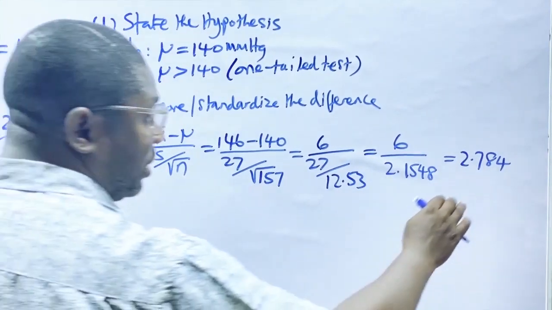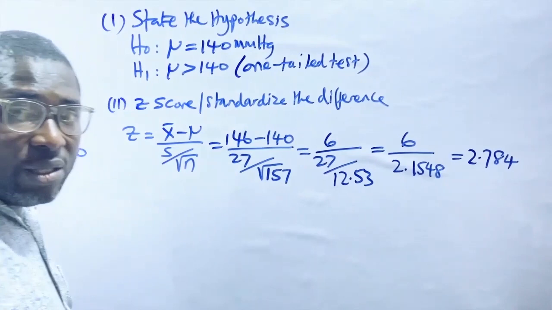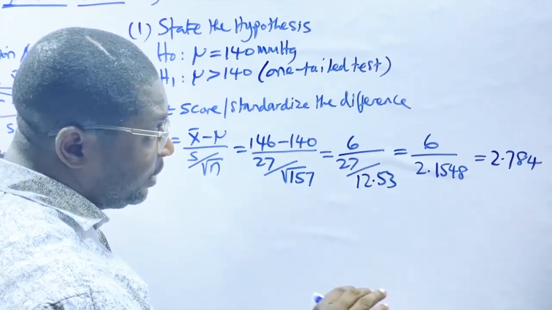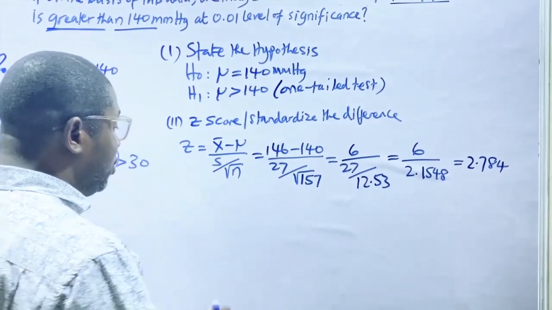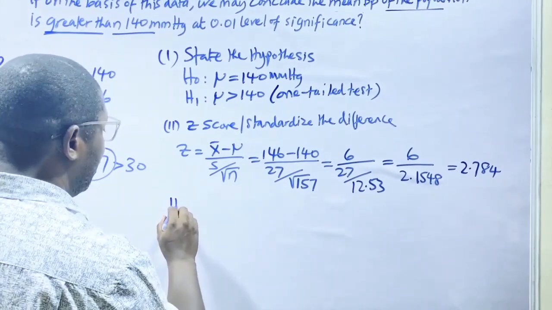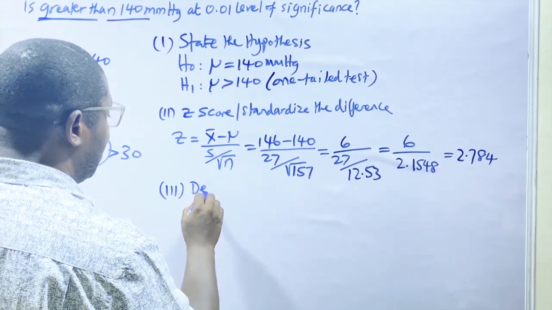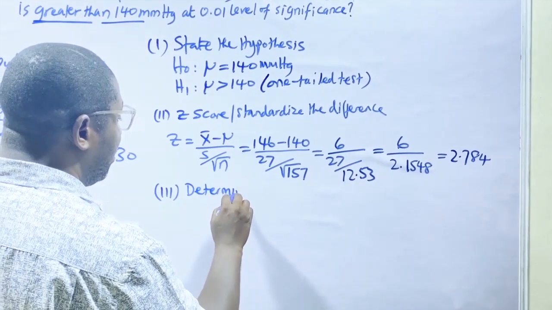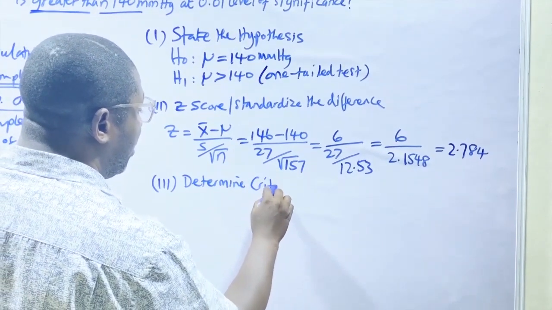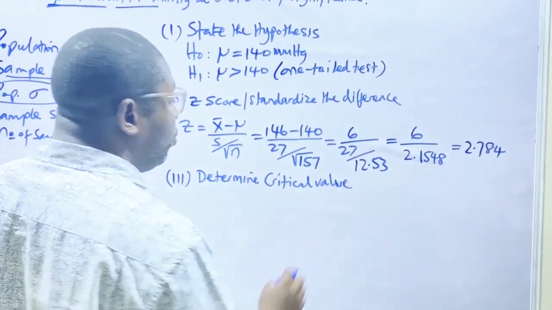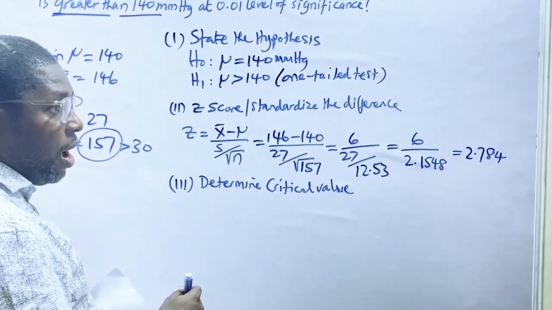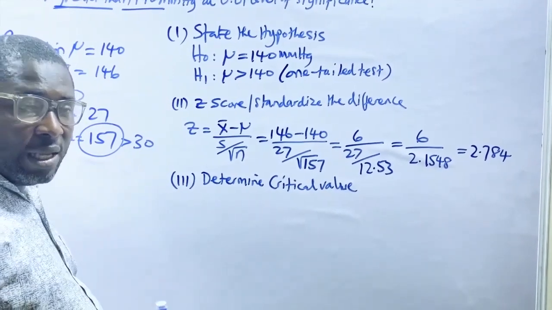Now the question is that we want to compare this value of the Z-score with the critical value on our distribution curve. So the next thing we do is to determine the critical value. Now the critical value will be determined from our t-test table.